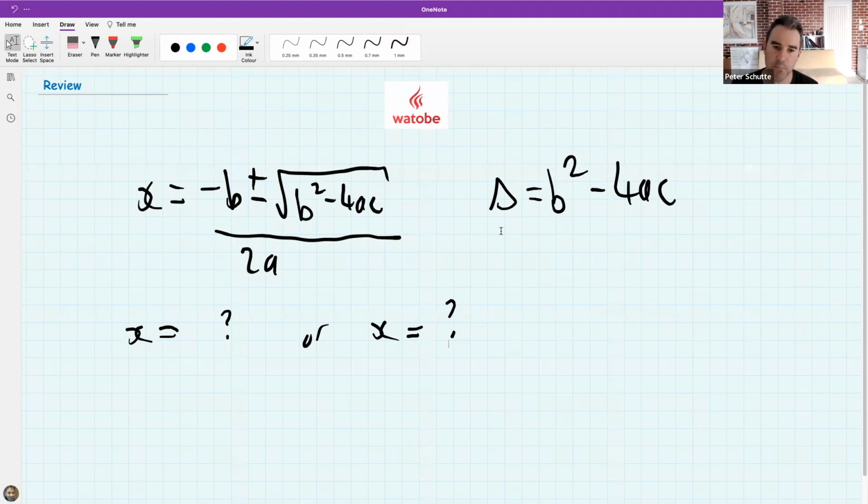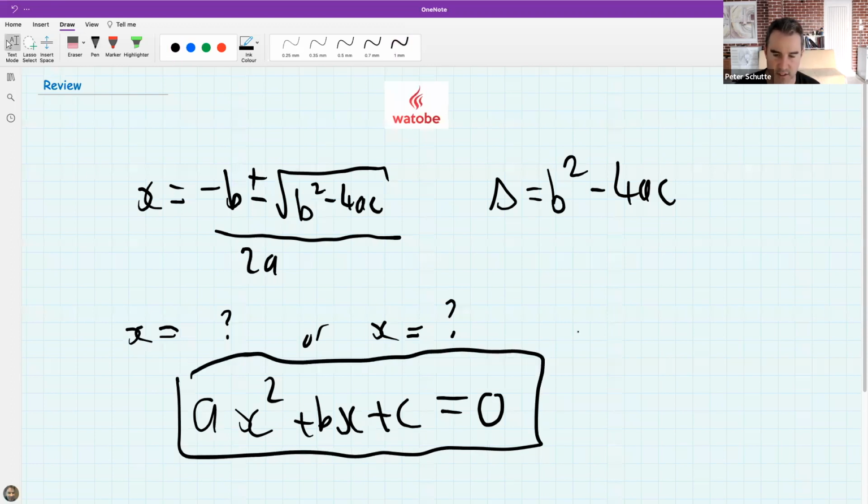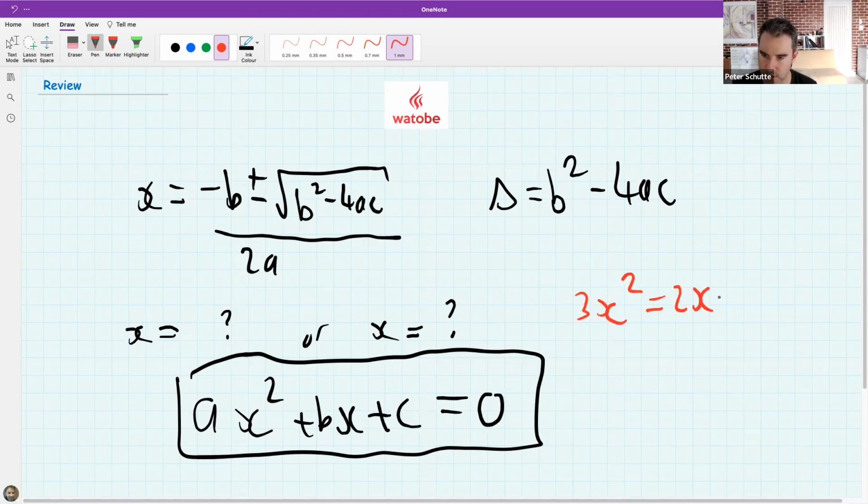The other important thing was that to use the formula, you have to have the quadratic equation in standard form. So you have to know what A, B, and C are. As an example, if I said here's your quadratic equation, that isn't in standard form.